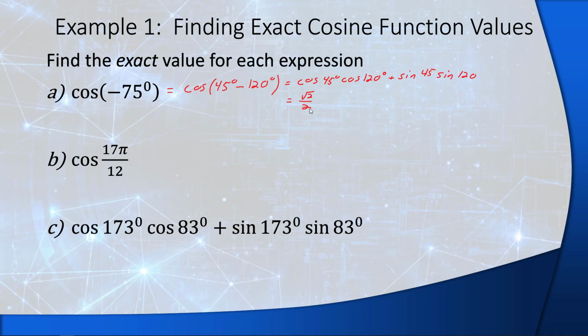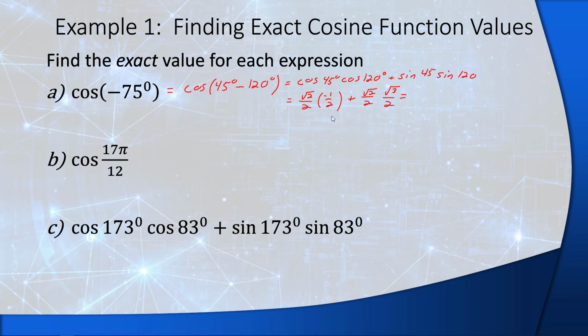The cosine of 120 is negative 1/2. Plus, and once again, the sine of 45 is negative root 2 over 2. And the sine of 120 is going to be equal to the square root of 3 over 2.